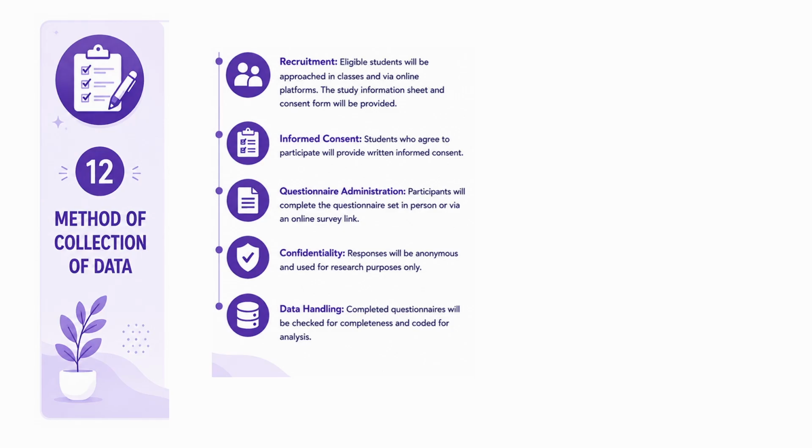The participants will be briefed about the research and informed consent is obtained. After that, the questionnaire is administered. Confidentiality will be maintained in collection of data. The data will be kept anonymous and used for research purposes only.